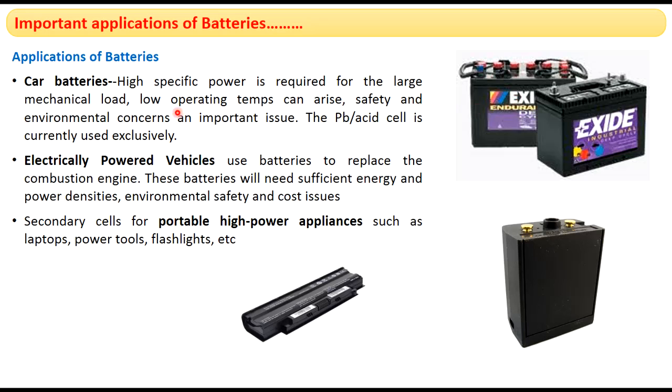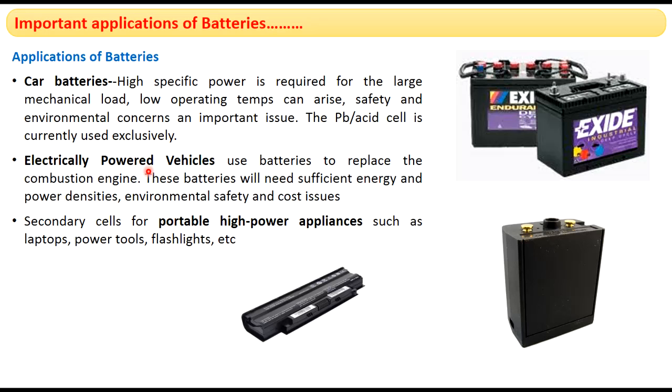Then another application is EPV, electrically powered vehicles. Nowadays there is great demand for vehicles which run on electric power. They also need the assistance of batteries. Actually, batteries in electrically powered vehicles are replacing the combustion engine. So they need sufficient energy.